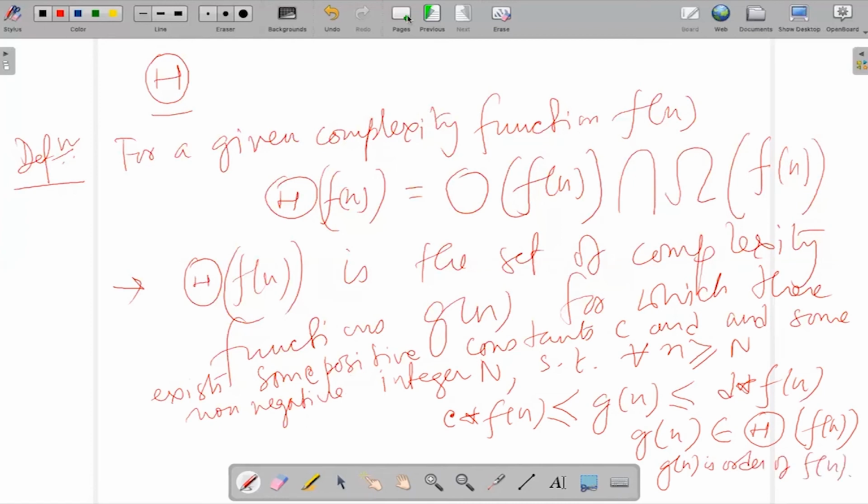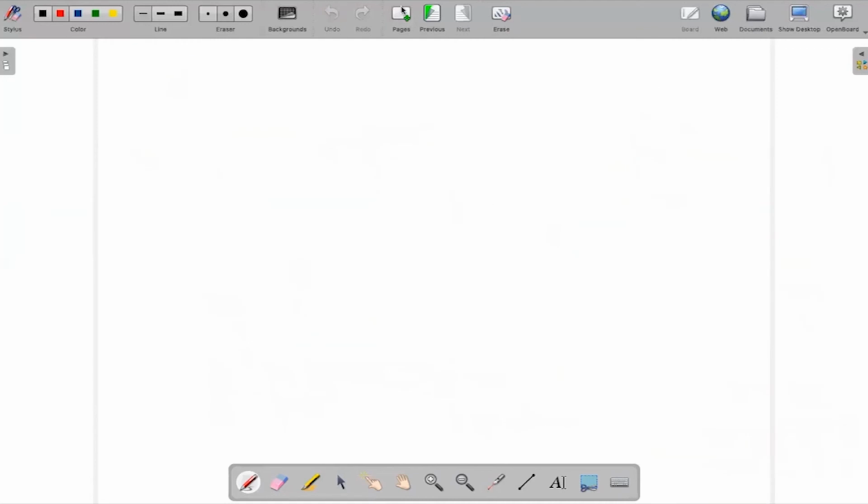Now, if you combine the two plots that we saw just now for the upper bound and the lower bound, then from there you can easily get the notion of theta n.